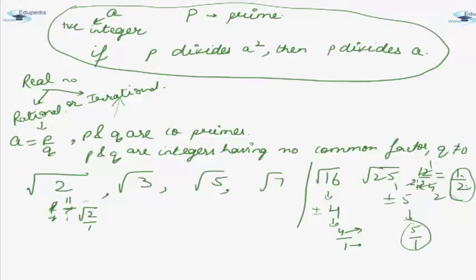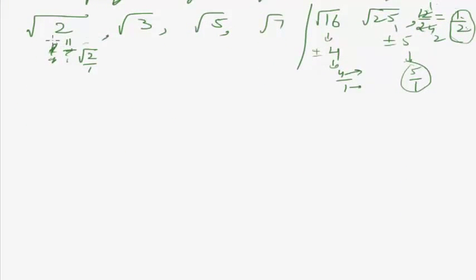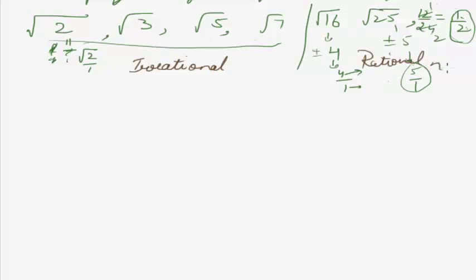Thus, in the simplest form, 12 by 24 can be expressed as this form. So again, a rational number. Now let us discuss how to prove that these numbers are irrational numbers, whereas we know that these numbers are rational numbers.